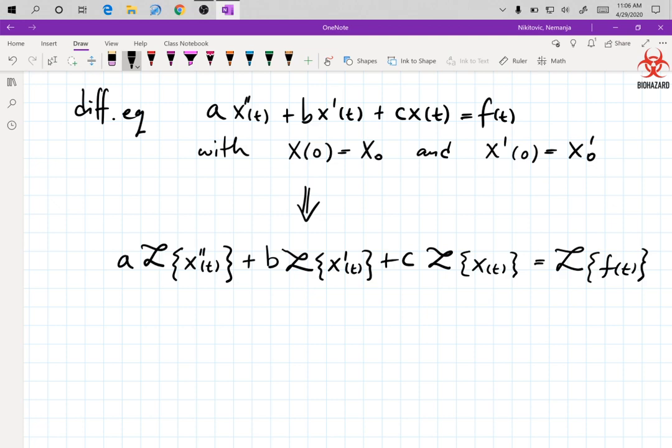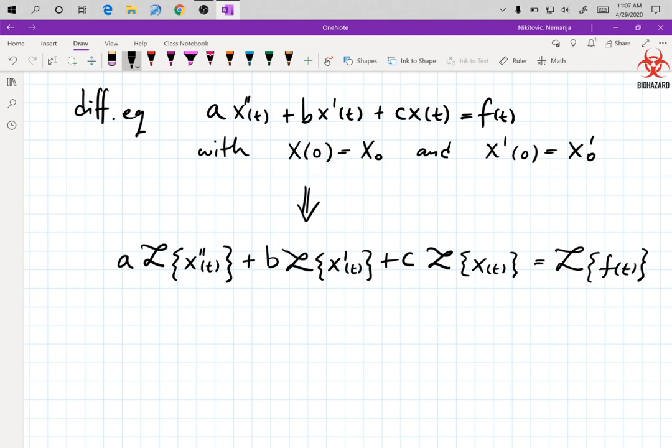This is what we are trying to achieve, and in order to do this, we have to figure out how to transform derivatives. We know how to transform a function. What we don't know yet is how to transform the first and second derivative, maybe third, maybe seventh derivative. So we would like to learn the way to transform those.